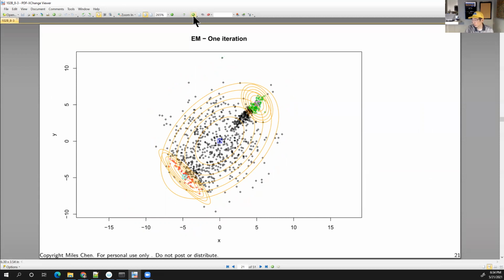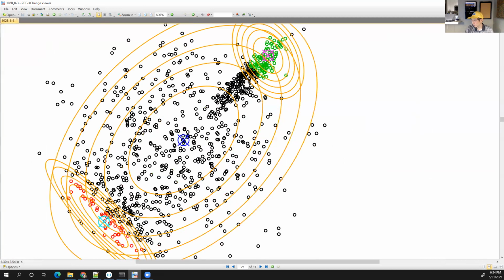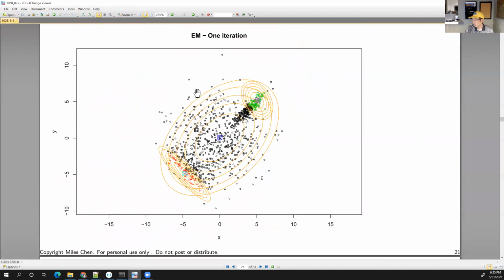And again, when you look at the border region between what's red and green, what's green and black, and what's red and black, these are all probabilistic. These contour lines are trying to show the elliptical shape. Is that okay? Are there any questions on this?